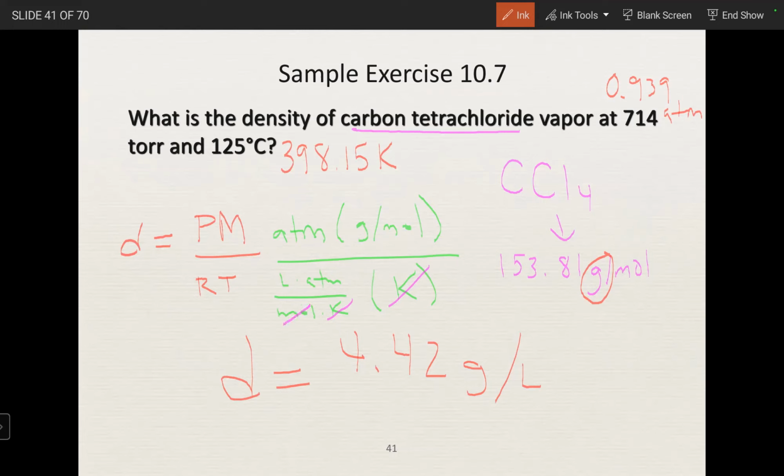So we'll actually see mole cancel. Atmosphere is going to cancel. So the only thing left now is grams on top. Again, liters is going to wind up on the bottom because that's going to be the inverse of that fraction ultimately. So we'll wind up with grams per liter. But again, if we plugged in 0.15381 kilograms per mole, then that would change the unit on our density there.